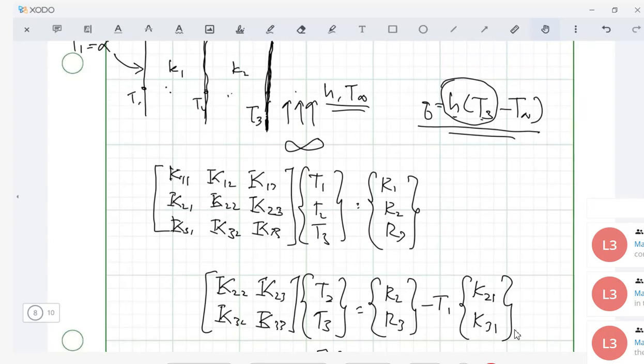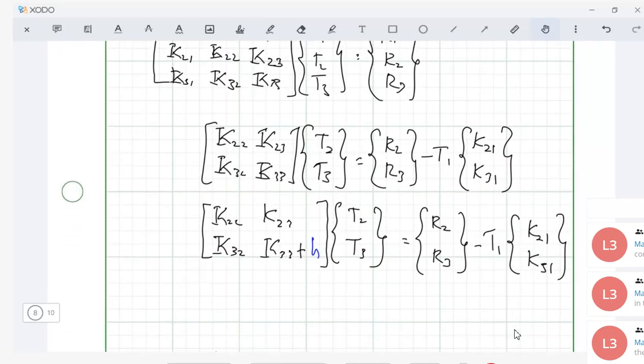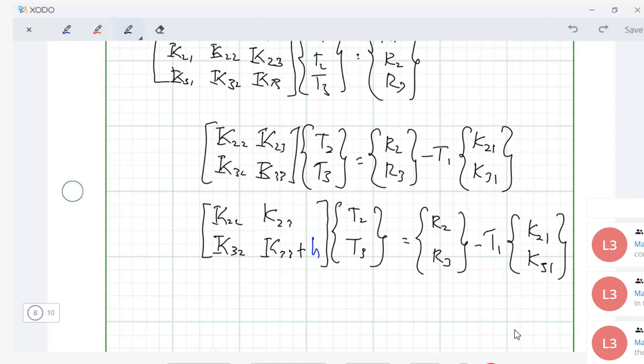So how do we put that? We need a plus, let me use blue, plus 0 and HT infinity.